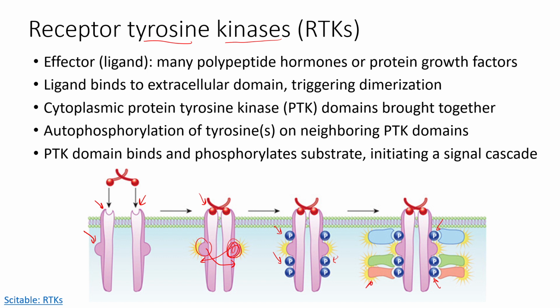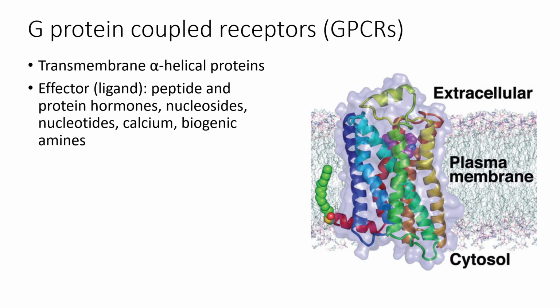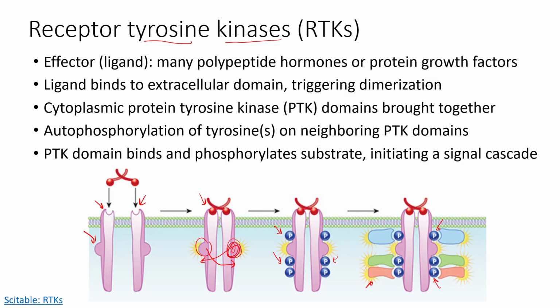Different other proteins inside the cell might bind to different areas of the receptor tyrosine kinase, which will ultimately help to start a variety of different types of signaling cascades, which depends on the ligand that bound from the outside of the cell. So that is, very briefly, receptor tyrosine kinases and how they are able to initiate a signaling cascade.